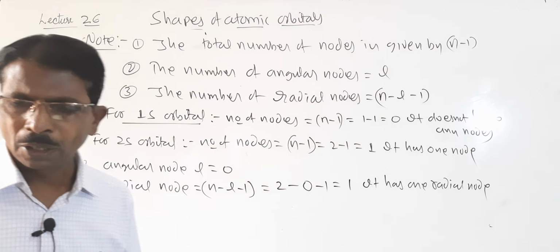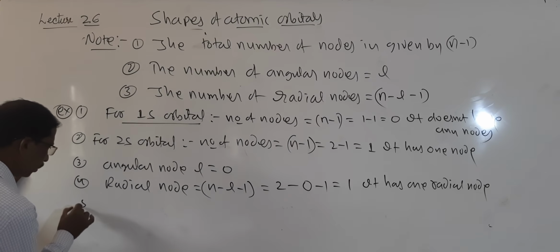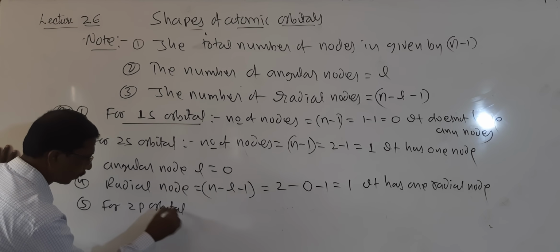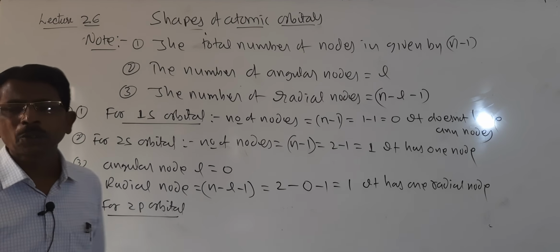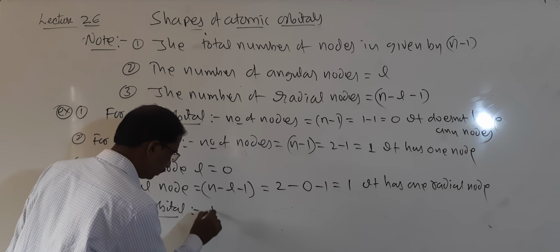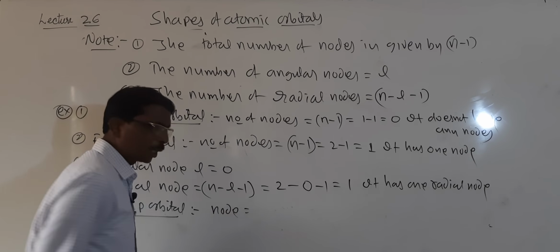ಇದೇ ರೀತಿ, so for 2p orbital we can take. ಸೊ ಫಾರ್ 2p ಆರ್ಬಿಟಲ್ ನೋಡ್ ಈಸ್ ಈಕ್ವಲ್ ಟು ಎಷ್ಟು ಬರ್ತದೆ?